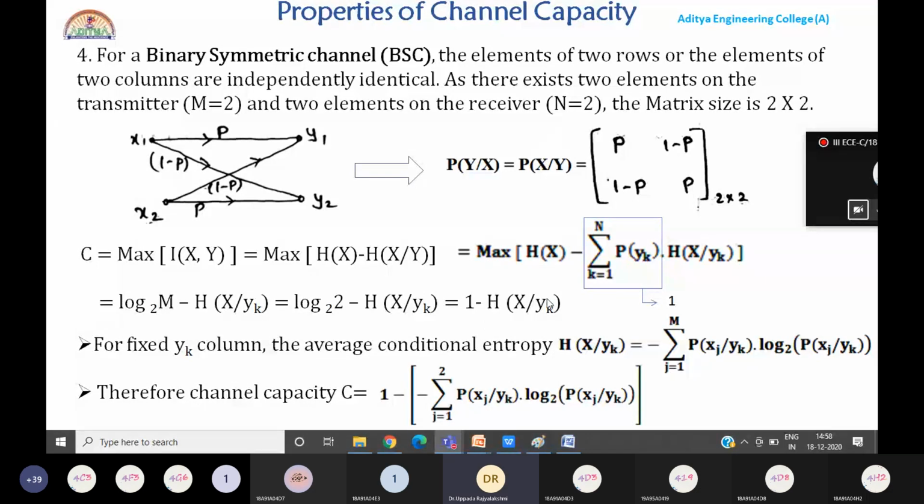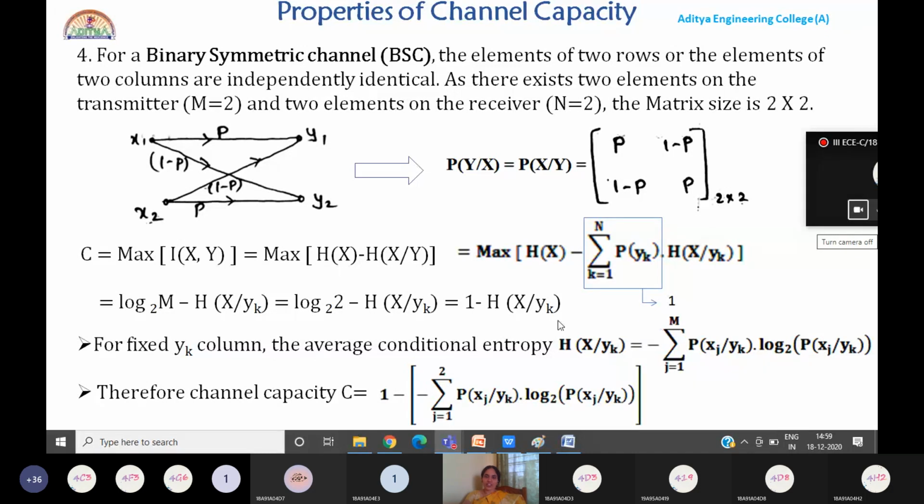So the equation for H(X/yk), for fixed yk, the average conditional entropy, is minus summation j = 1 to m of P(xj/yk) into log P(xj/yk) base 2.